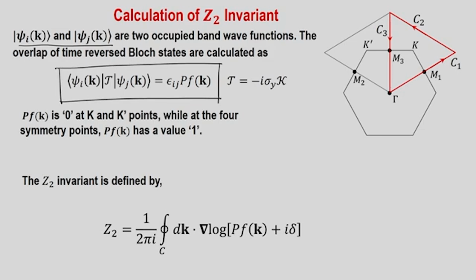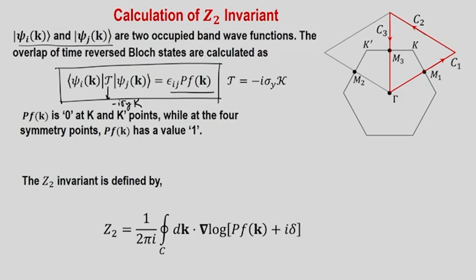What is important is that one has to calculate this thing which is nothing but minus i sigma y k, which is what we have shown, and they have to be calculated between the two occupied band wave functions. And what turns out is that there is some epsilon function and then the Pfaffian, which is a function of k.